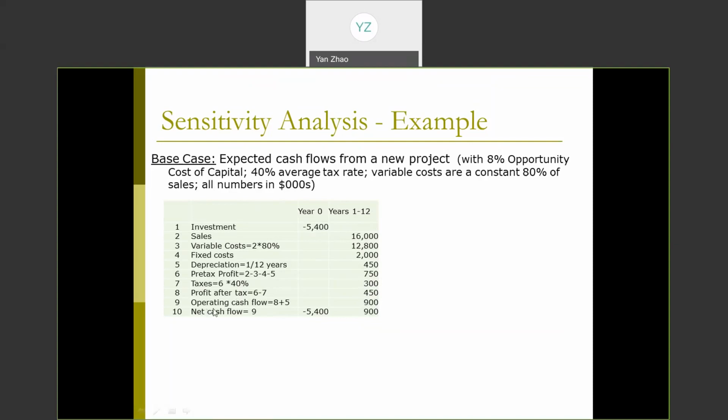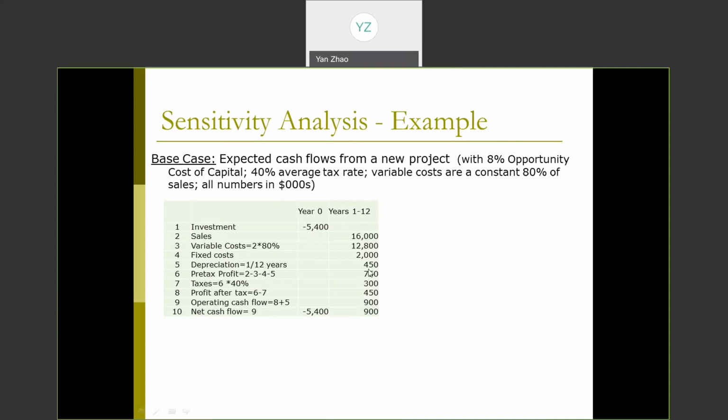So what is your estimated cash flow? Here we need to calculate CFO, the cash flow from operations, or operating cash flow. That will be the profit after tax plus back your depreciation. As we mentioned in the previous chapter, depreciation is an accounting number. That is not a real cash flow.